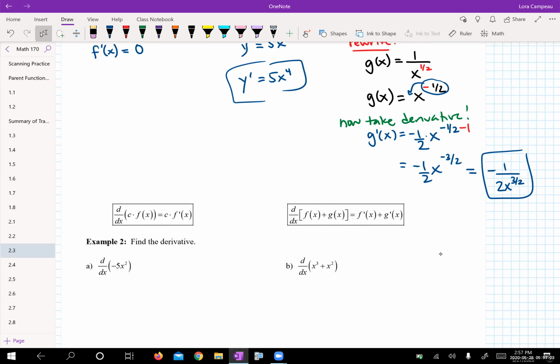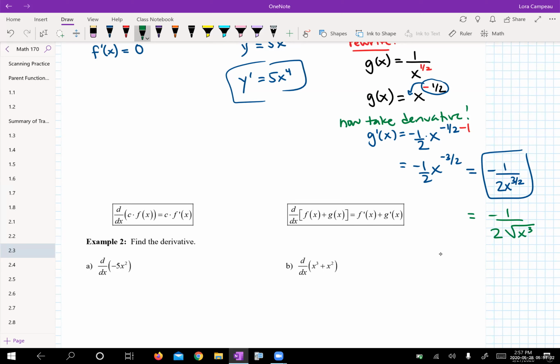That's a clue that if we were to convert it back to radical form, we might have to simplify that radical. So there's a couple ways to play with it. If you think better in radicals, by all means, you could take this a little further and rewrite it so you are back in radical notation. That would be x to the 3/2, so that's the square root of x cubed.